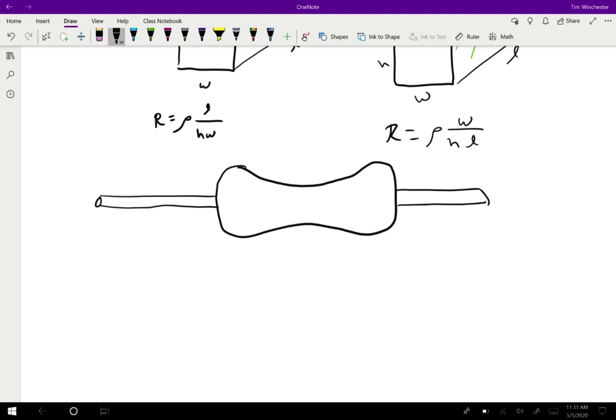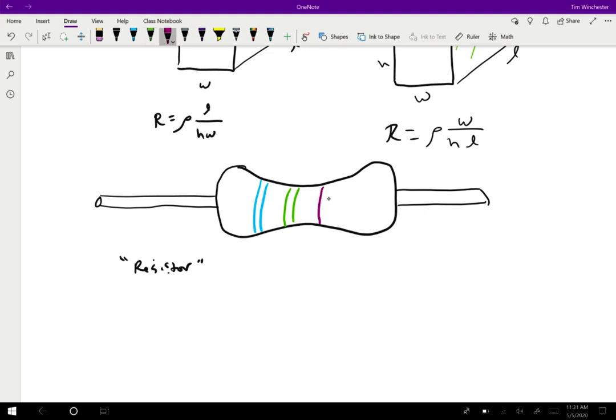And this object has some resistance, okay, some known resistance, so we call it a resistor, because its most important property is its resistance. And there's an esoteric code that tells you what the resistance is. I'm not going to worry about it for this class, but you can look it up if you're interested.